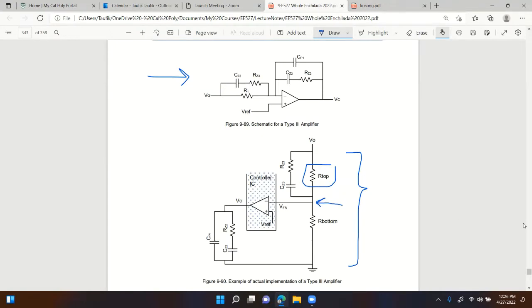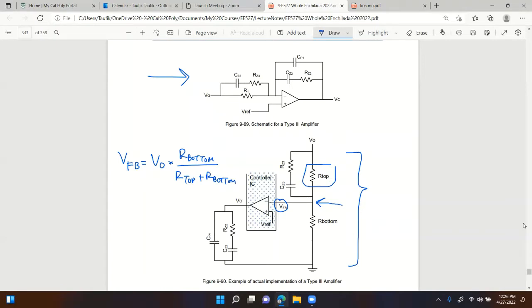Let me write down the equation. If this is VFB, which it is, we know that VFB is equal to V out times R bottom over R top plus R bottom.